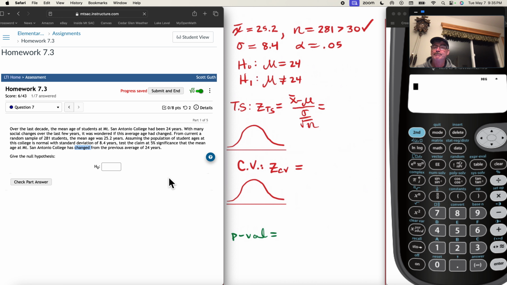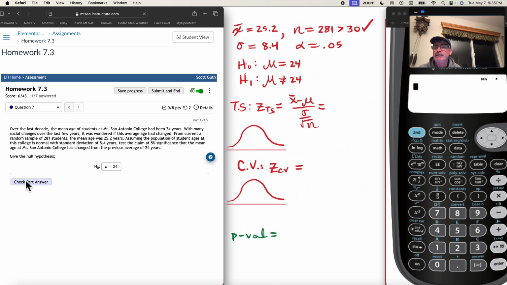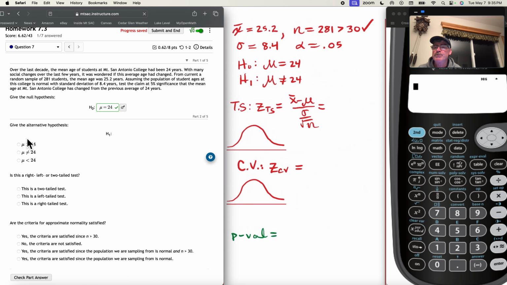Like that. Okay. I think we walked through the first few questions here. So the null hypothesis, again, you have to use the palette. Mu equals, there's no equals on there, but mu equals 24 is the null hypothesis. And then check that. And then here, this one's a multiple choice.